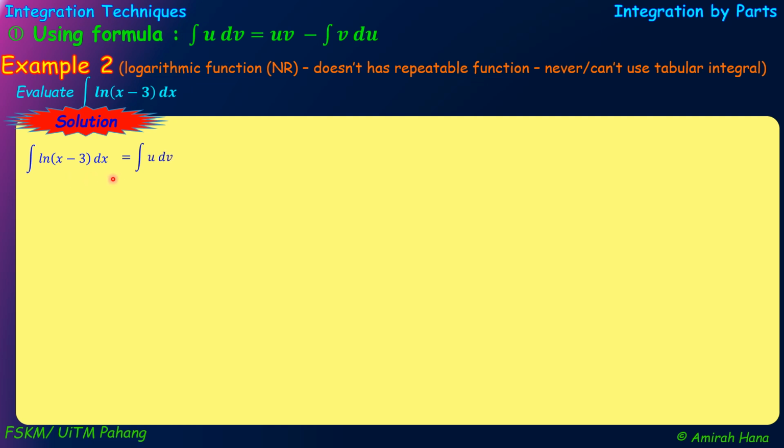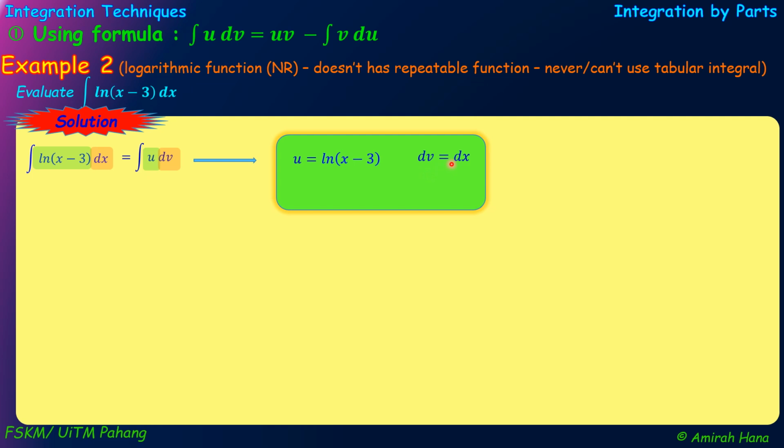Alright, so from here we can write the integration of ln(x minus 3) dx equals the integration of u dv. ln(x minus 3) equals u, so we can write u equals ln(x minus 3). dx equals dv, so we can write dv equals dx.